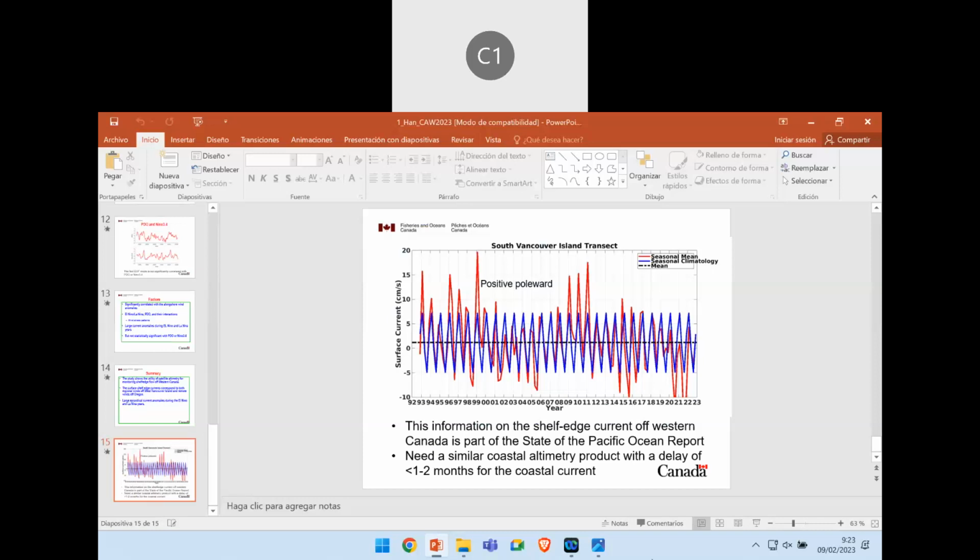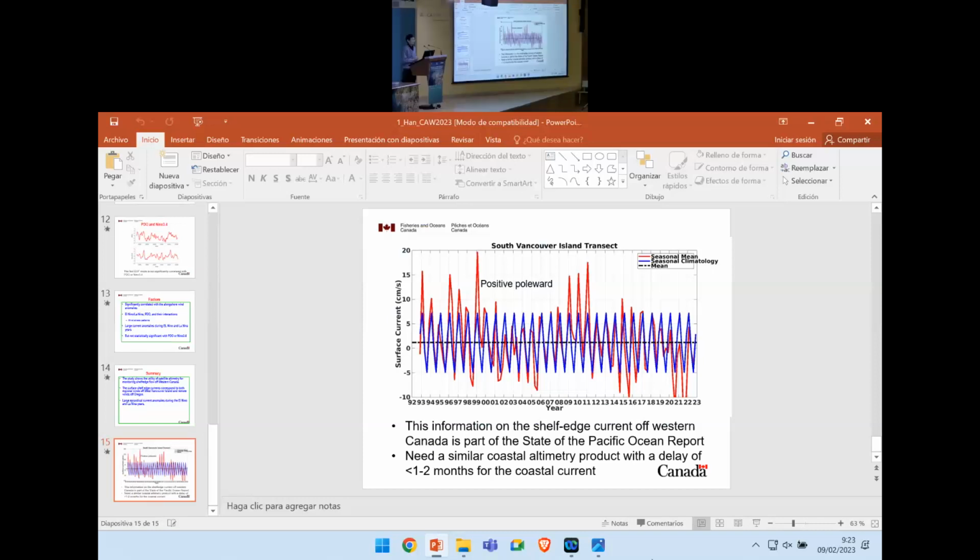About the delays, of course, you're aware that most of the products come out already after 3 hours, so that's far within your 1 to 2 months. That doesn't have the most accurate orbit, but you look at slopes, so that should not matter.